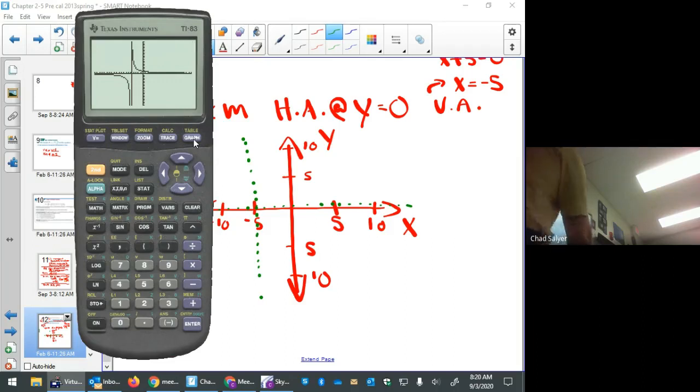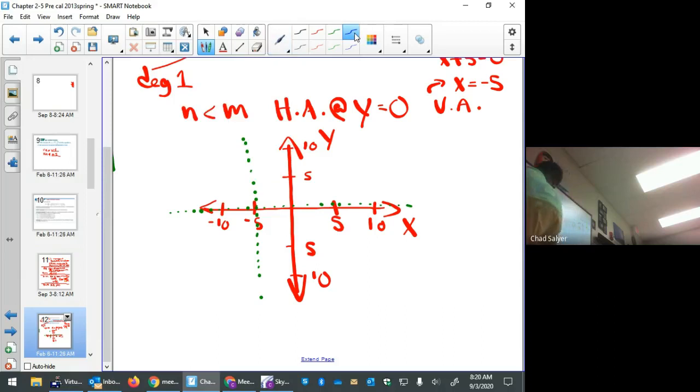Oh yeah. So under and over. You gotta ride that asymptote when you graph. But don't touch. Okay, any questions about this one? All right, in that case, let's go on.